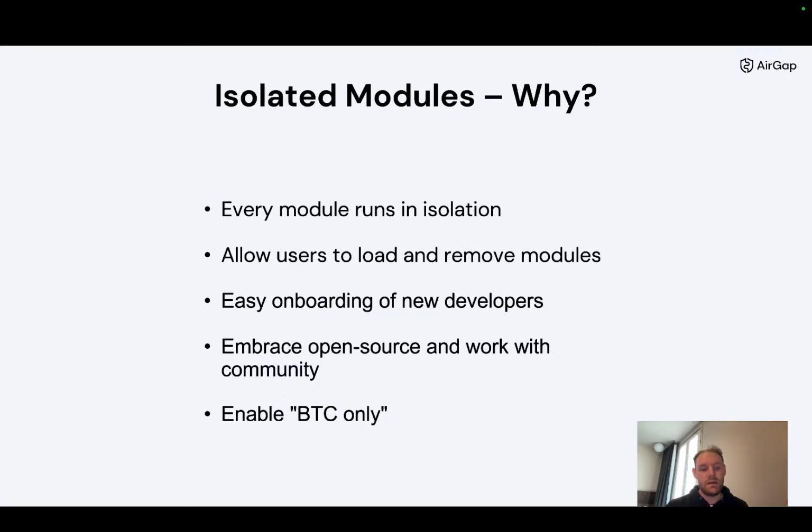So that's why it can be a good thing to just have one currency. And with this isolated module feature, this would be possible. It's not possible today because we ship all the modules that we have by default, but it would be easy to take the base AirGap and then only add the Bitcoin module.